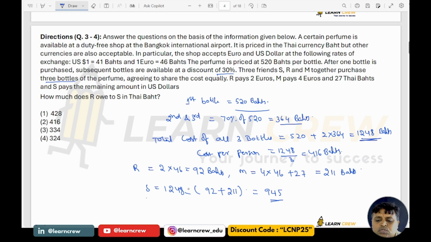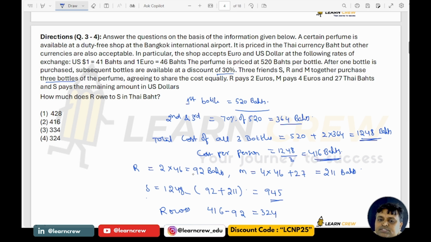Now R owes how much? 416 minus 92. How much? 324. Actually, R has to pay how much?